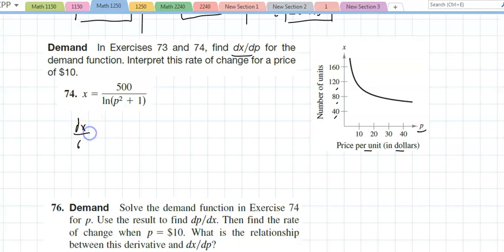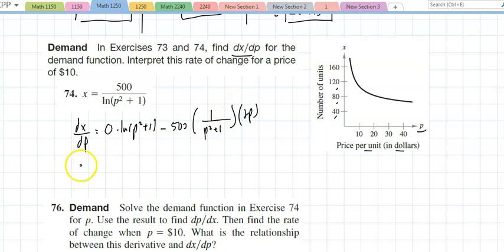the derivative of x with respect to p, that would be the quotient rule. Derivative of the top is a 0 times the denominator minus the top times derivative of the denominator, which is 1 over p squared plus 1 by the chain rule times 2p, all over the bottom squared.